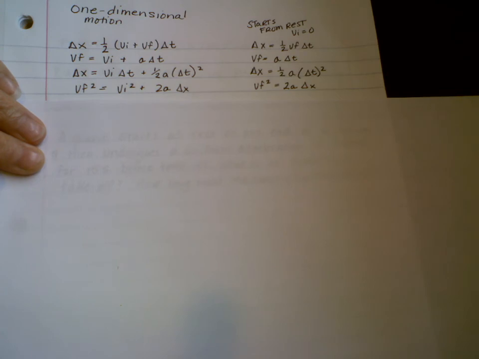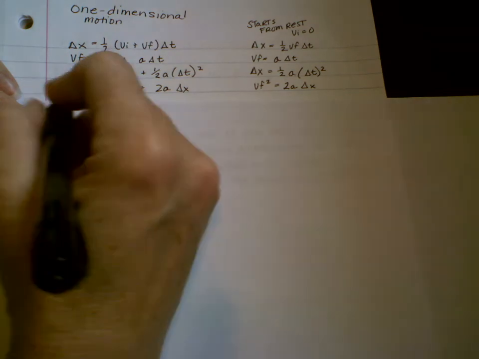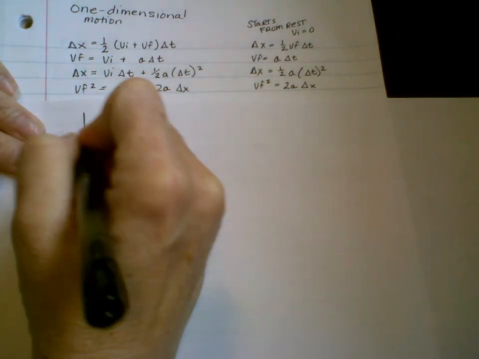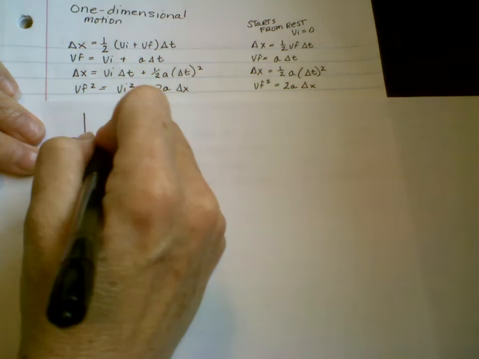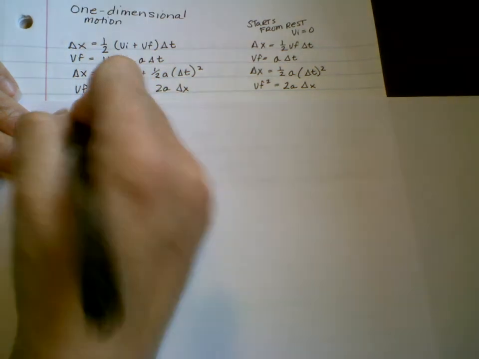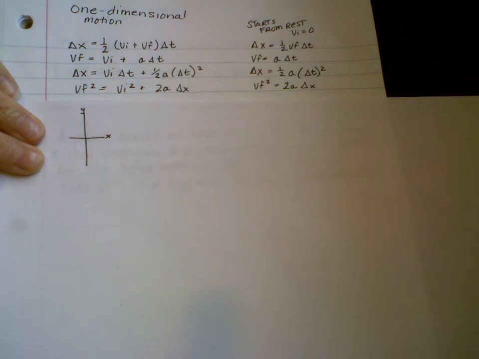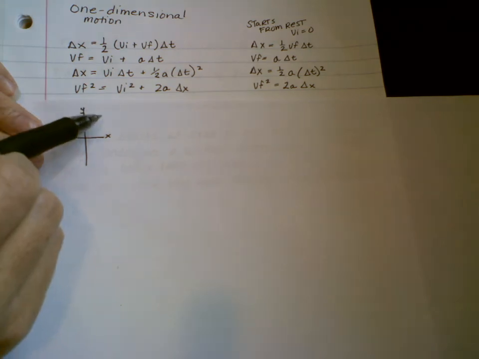When you look at the different dimensions, in a Cartesian coordinate system, we have our X and our Y. To start off with, we're just looking at motion in the X direction, which is that horizontal motion back and forth. Towards the end of this unit, we're looking at things that are falling. When you're falling, you're just moving in the Y direction, straight down, not being thrown or anything like that.